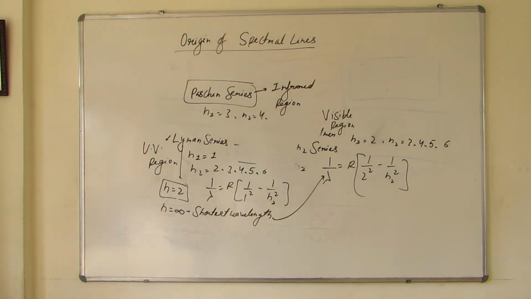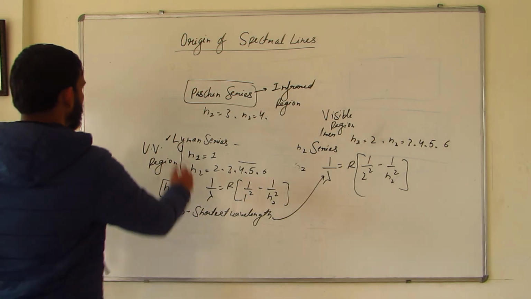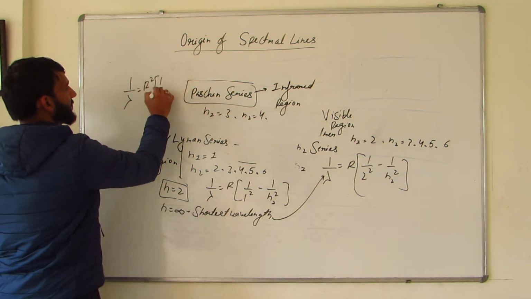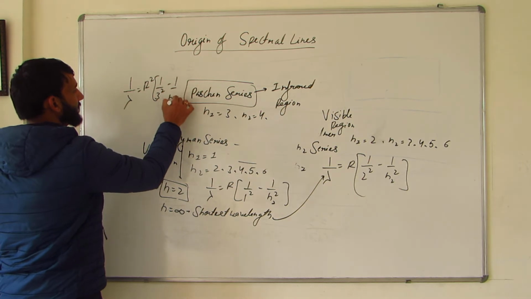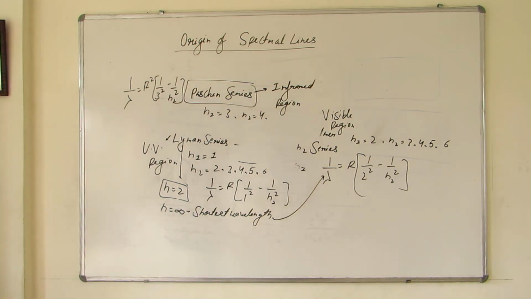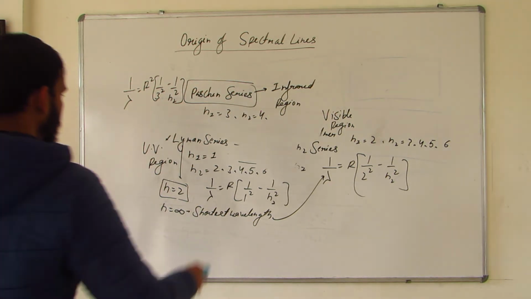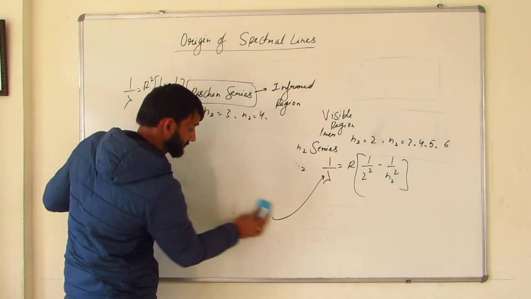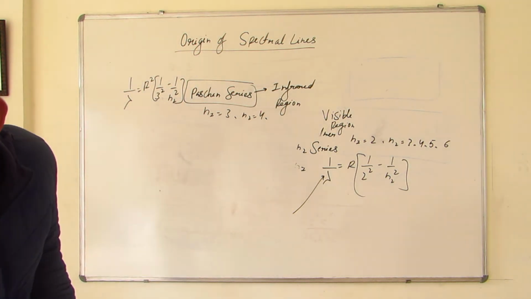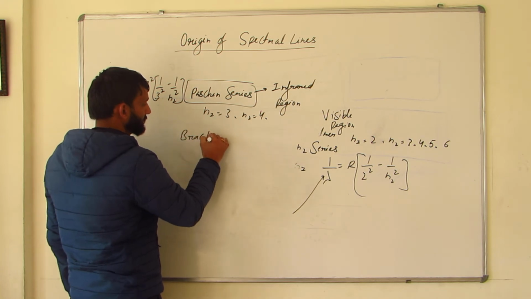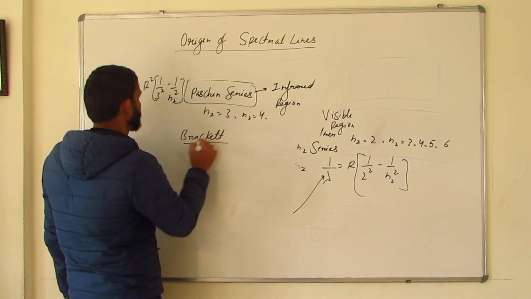The formula for Paschen series would work like 1 by lambda equals R times (1 by 3 square minus 1 by n2 square). That is Paschen. Next would be the Brackett series.